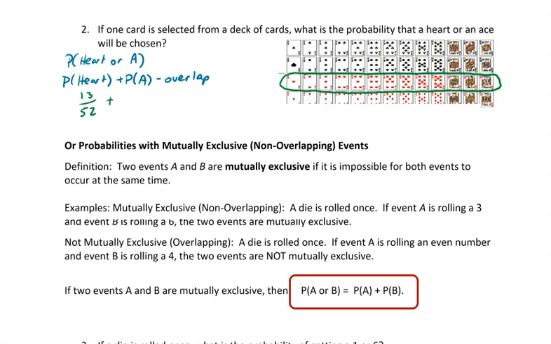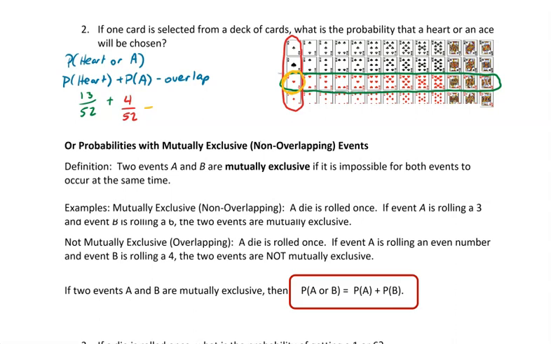Plus, probability of getting an ace. There are 4 aces. So that is 4 out of 52. Minus, is there any overlap? So is there any card that is both a heart and an ace? Well, yeah, the ace of hearts. This one right here.